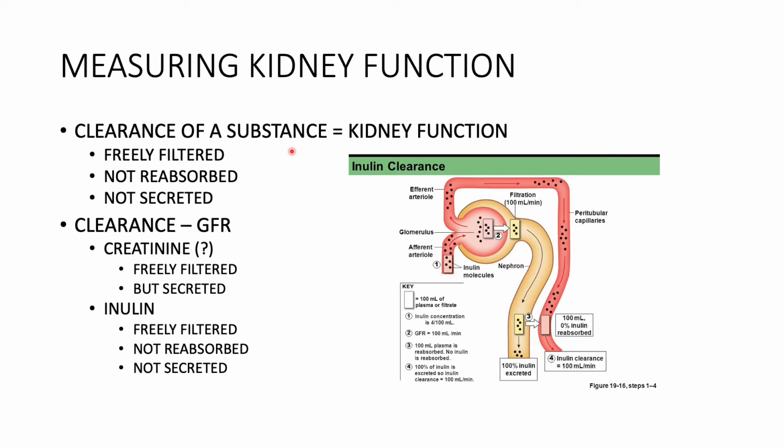But we cannot use any substance. What is the ideal substance that can be used to measure kidney function? First, that substance should be freely filtered. Meaning, when it goes to the glomerulus, it will be freely filtered out without any problem.